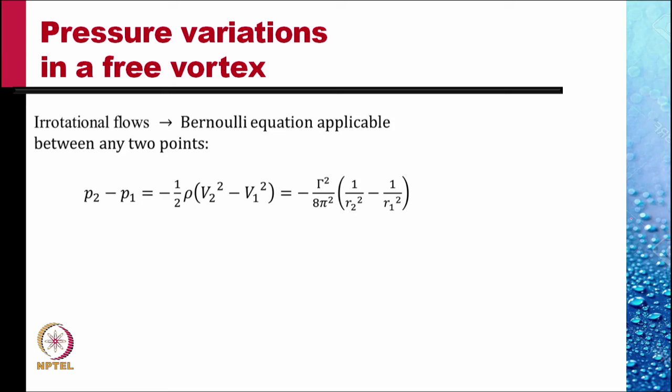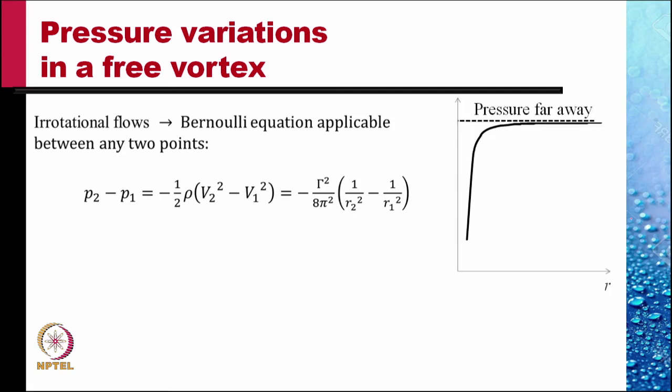If r2 is less than r1, then this quantity is negative. That means pressure P2 at the inner point is much less than pressure at the outer point.